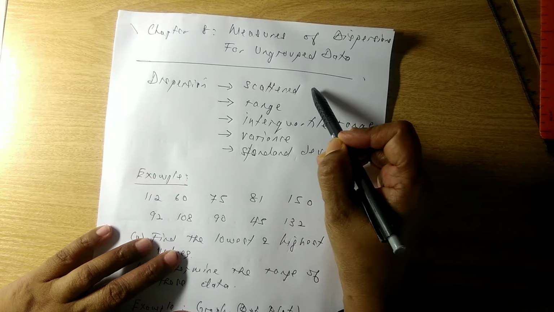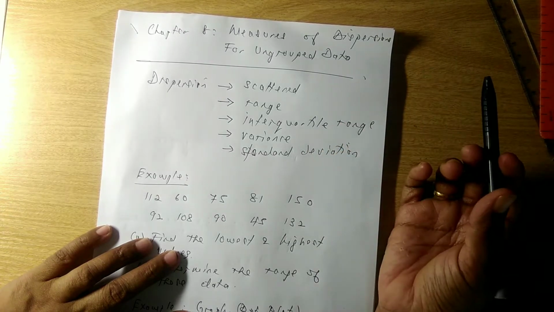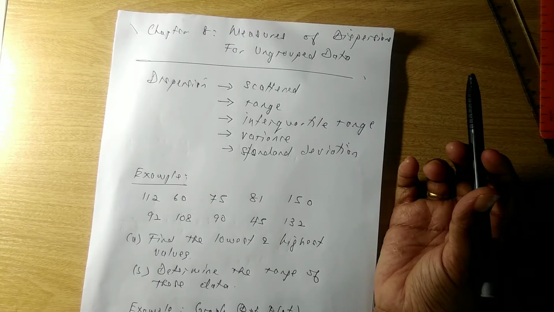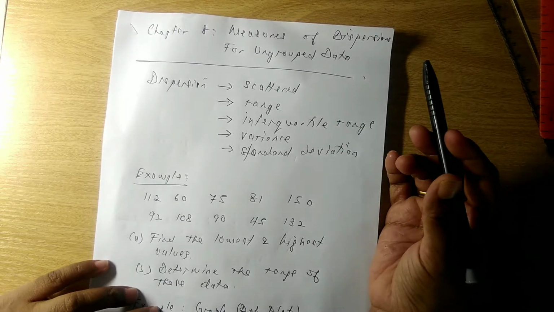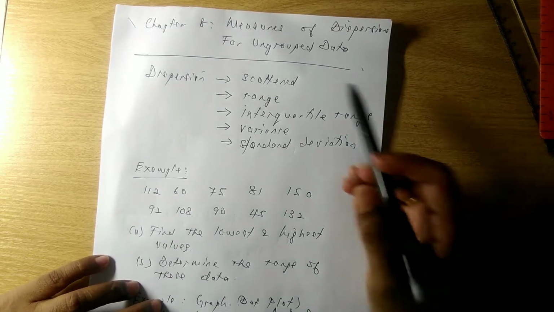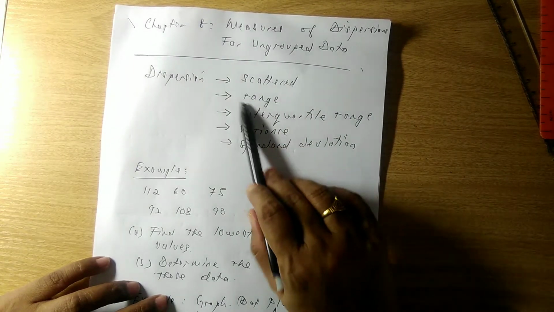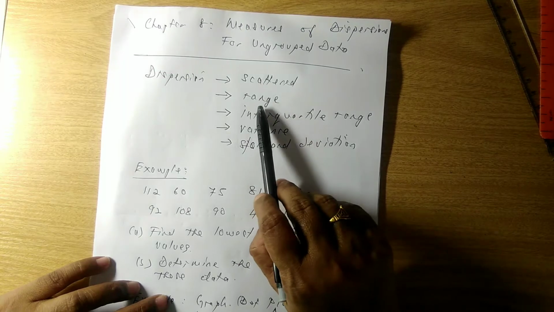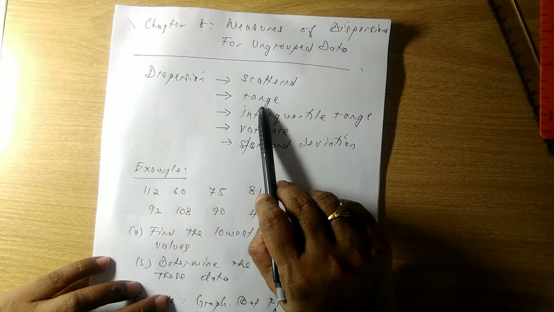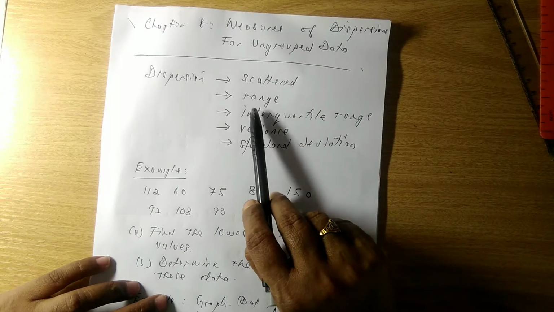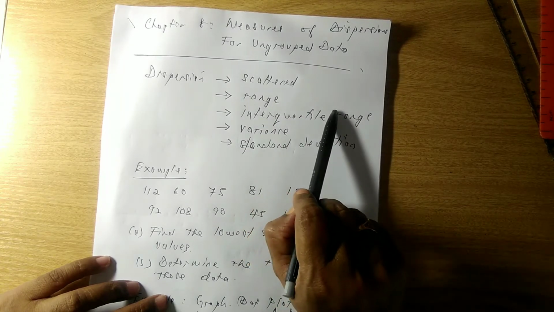Under dispersion, there are a few concepts or quantities that explain how far data is dispersed. Some of the quantities we can look at is the concept of range. Range is defined by the highest value minus the lowest value, or the highest class mark minus the lowest class mark.